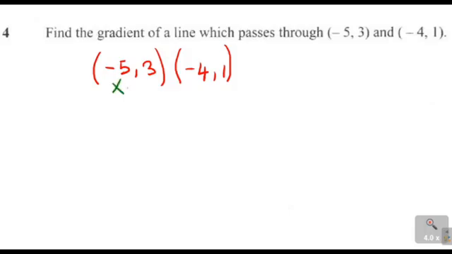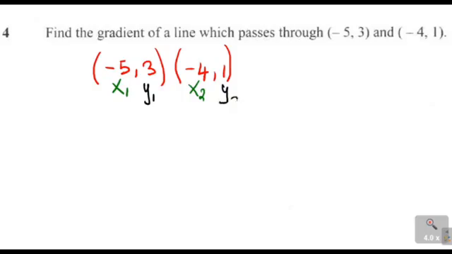After that, we need to rename our points. So this is going to be x1 and this is going to be y1. Then this is going to be x2 and this is going to be our y2.